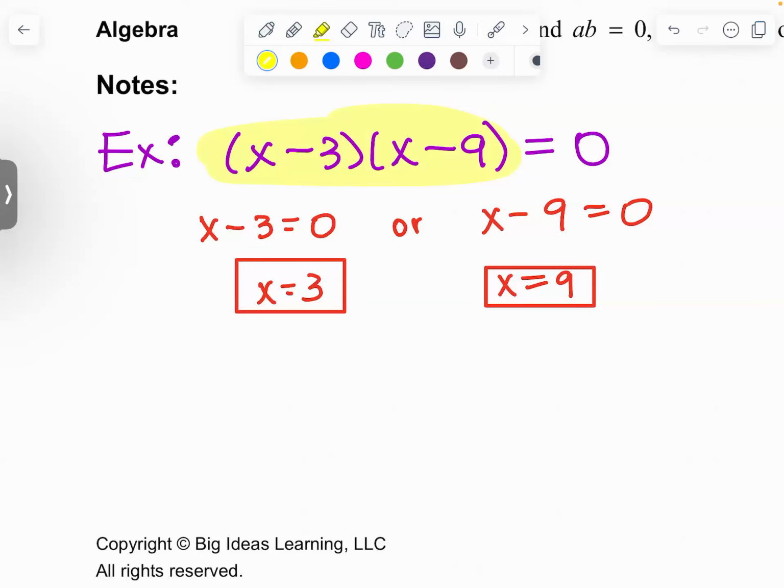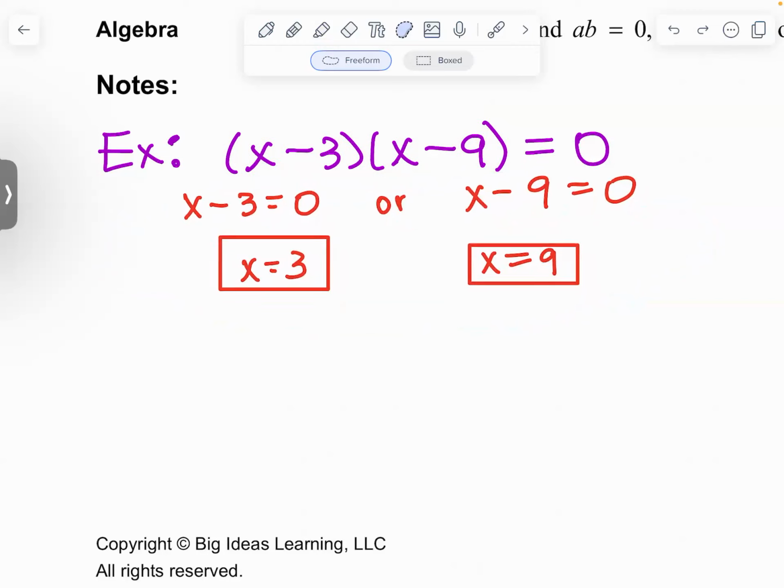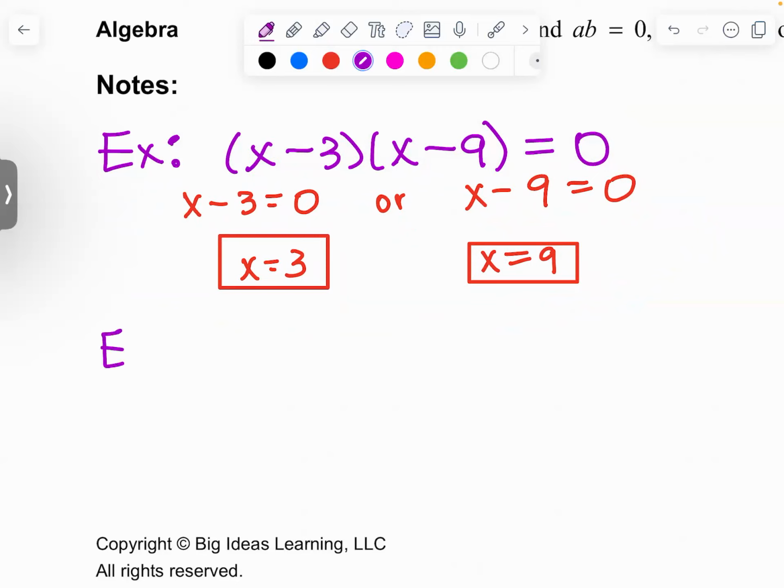If we had x plus 3 and x equals -3, would it just be on the other side? Okay. So let's write this one down. What if I had 2x times x minus 4 equals 0?